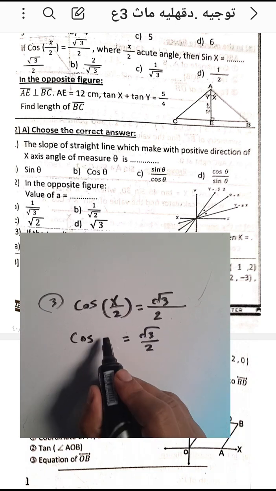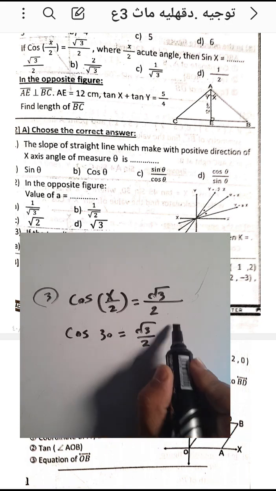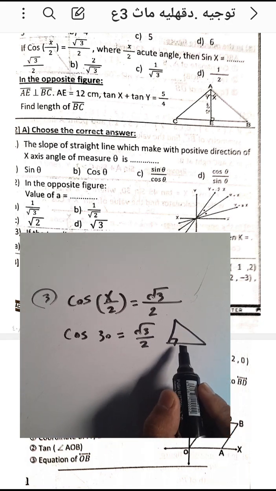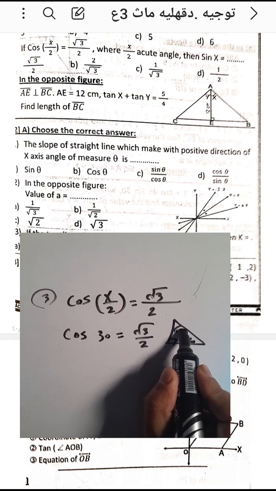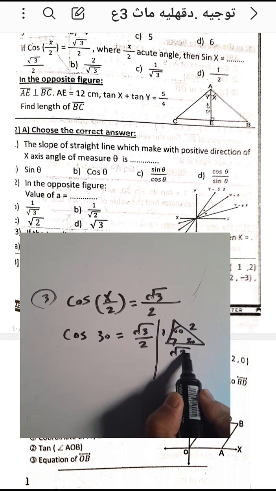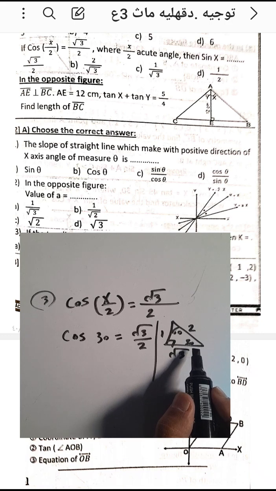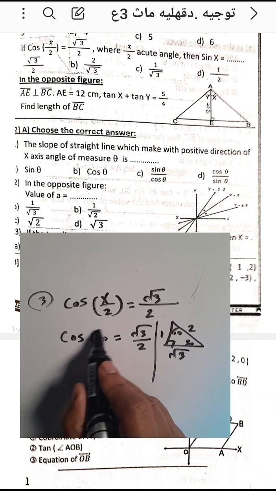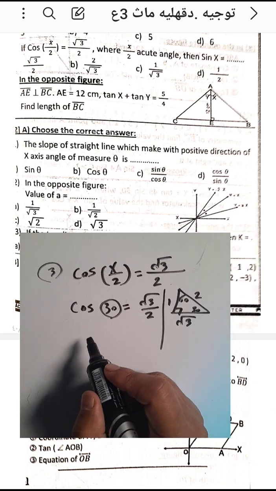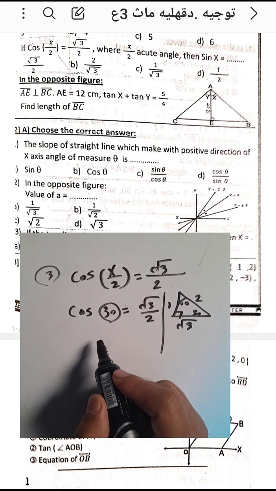Cosine 30. From the right angle triangle here, we have 30 and 60, and sides 1, 2 and root 3. Cosine 30 is root 3 over 2, or you can use a calculator: shift cosine root 3 over 2 gives 30.